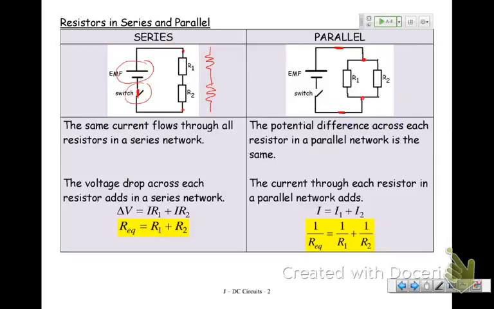So think of current as like water flowing through pipes. The water flowing through the left-hand pipe plus the water flowing through the right-hand pipe has to equal the water flowing out of my pump, and the water flowing out of my pump has to equal the water flowing into my pump.